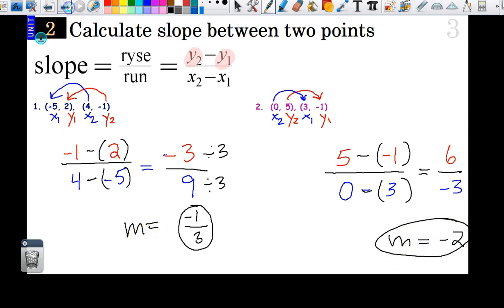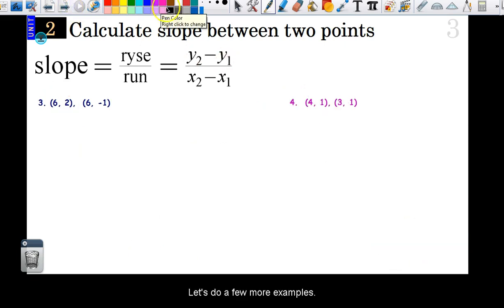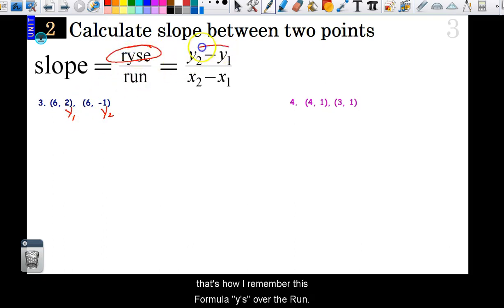Let's do a few more examples. So let's identify, and again, I usually do y2 minus y1, rise over run. That's how I remember this formula, y's over the run.